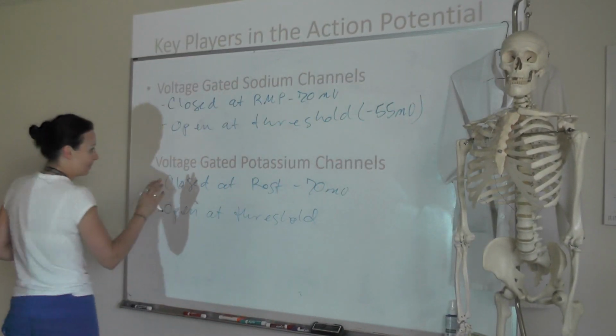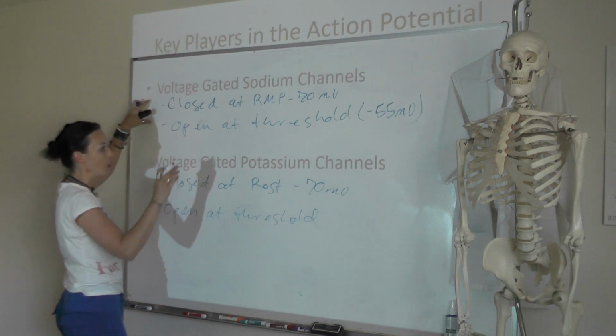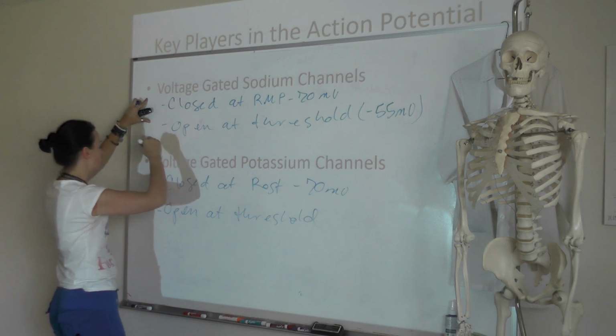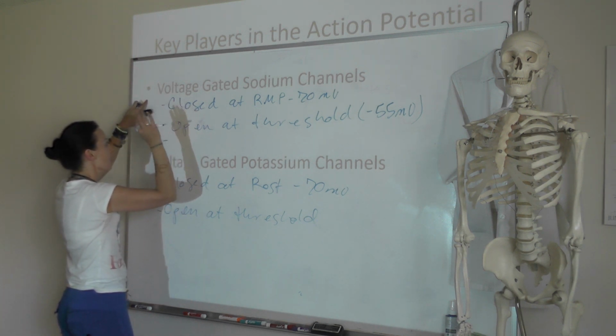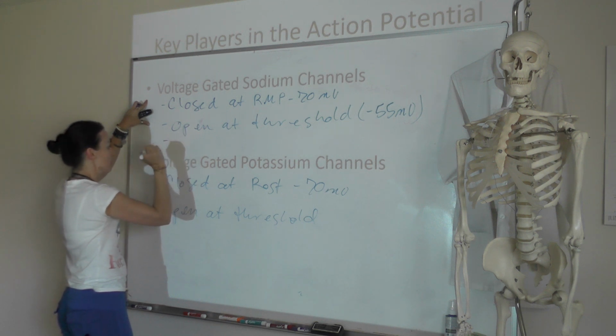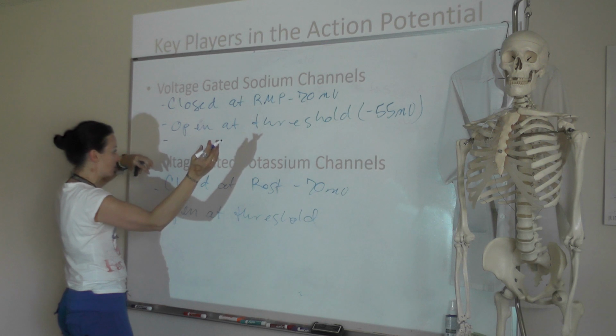Okay, so the thing that's going to happen here, this is a fast voltage-gated sodium channel. So when this opens at threshold, sodium dumps into the cell. It's an ion channel, so the receptor is an ion channel.